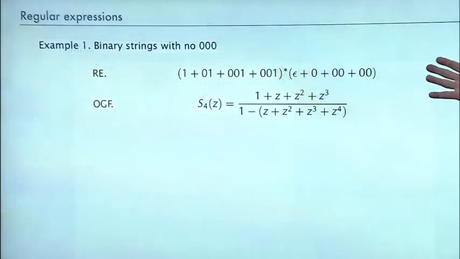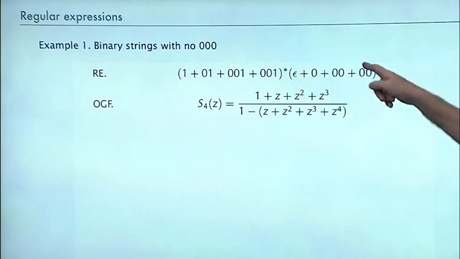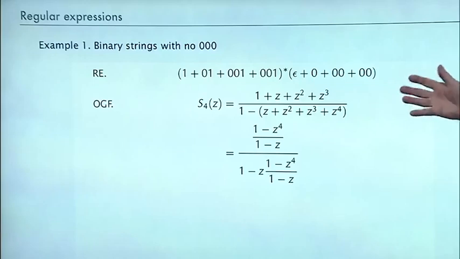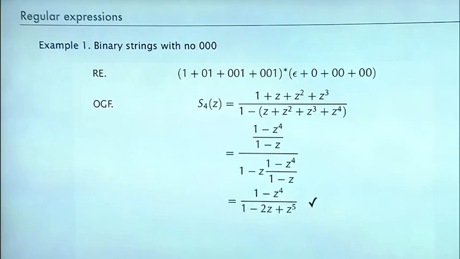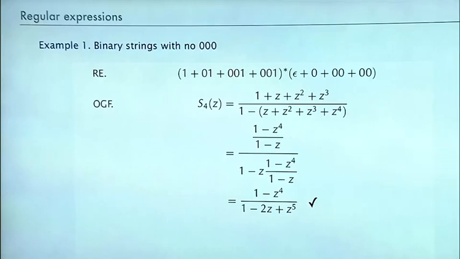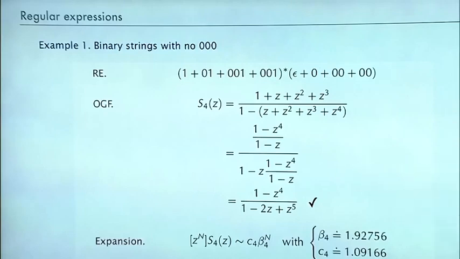An unambiguous one, and then just applying the theorem, for the star it's 1 over 1 minus, and for the tail part, it's just that. It's pretty much the same ratio of two polynomials that we had when we did it using the symbolic method. We get the same result, of course, and again, expanded in the same way.